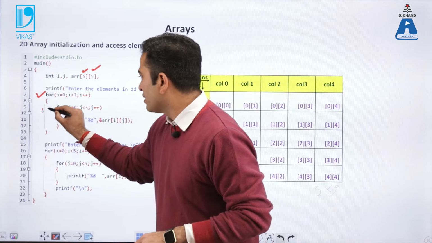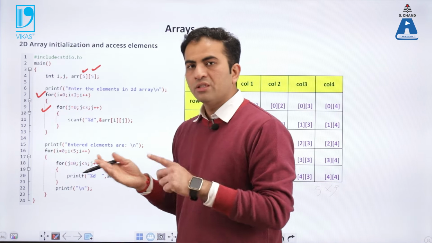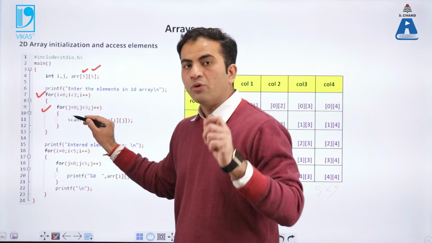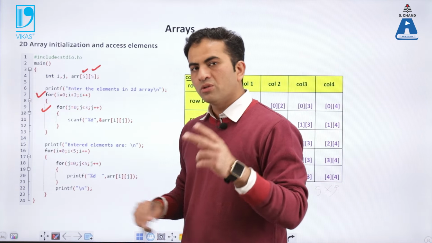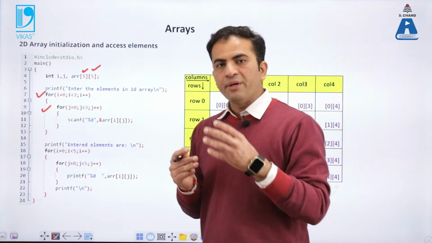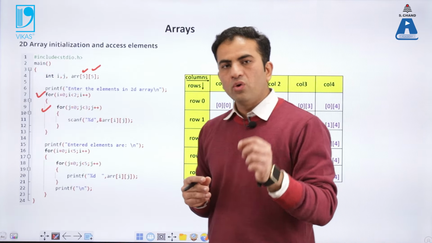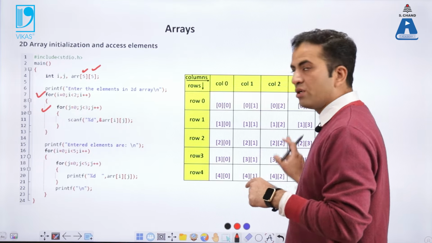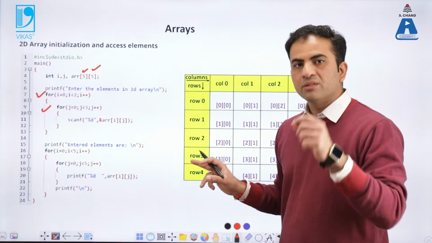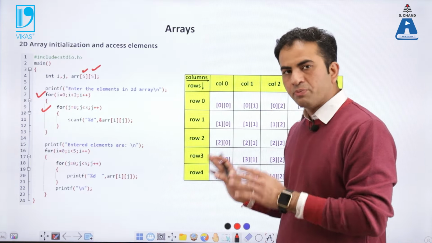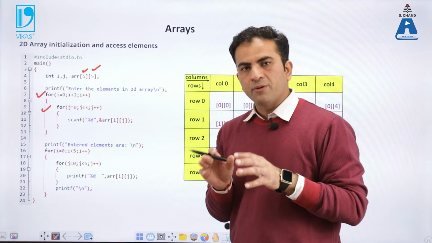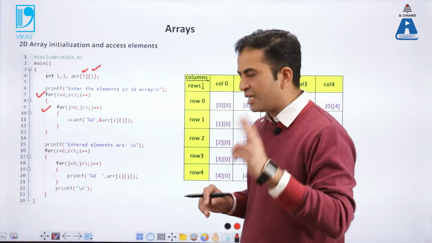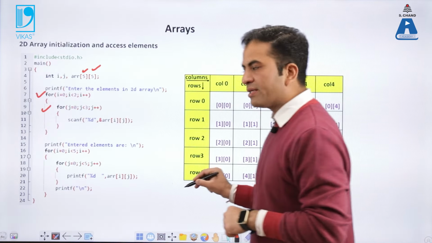And my inner loop is running from 0 to 3, that means 0, 1, 2. So my inner loop will run 3 times and my outer loop will run 2 times. So what is the meaning of this? The meaning is that I can only enter 6 values. My matrix size is 5 by 5, that means I have space for 25 elements, but right now I am only inserting 6 elements.